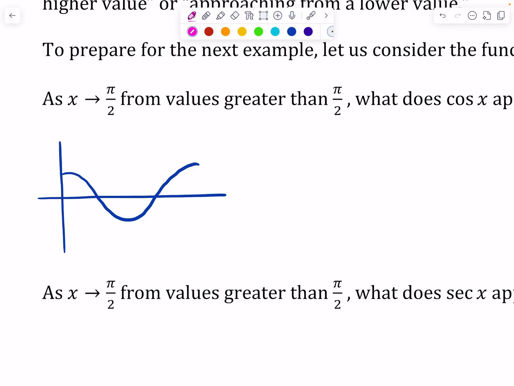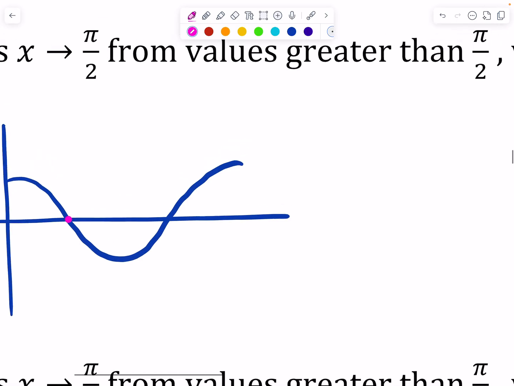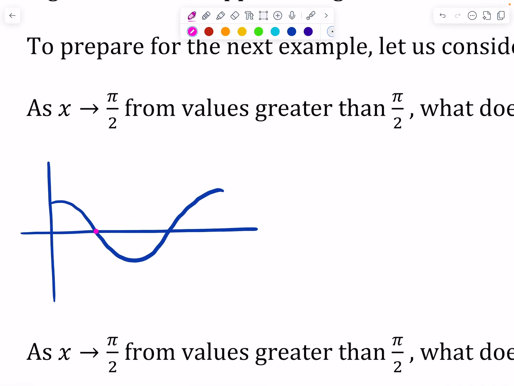And we know some values in here, but that right there, that's where x is pi over 2. And we could say that as x approaches pi over 2, cosine of x approaches 0.